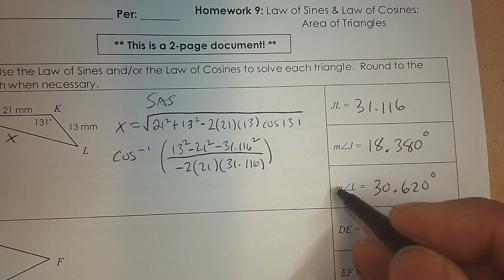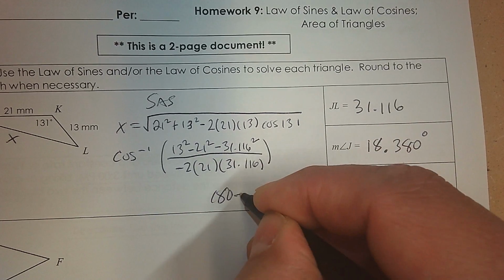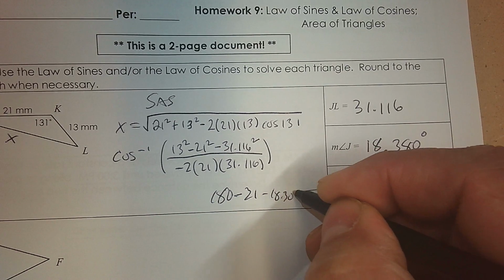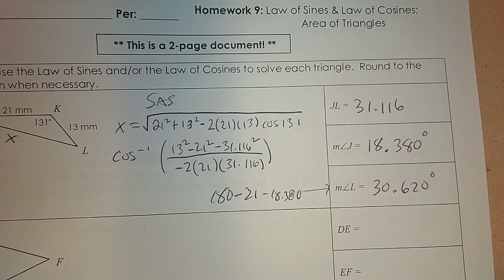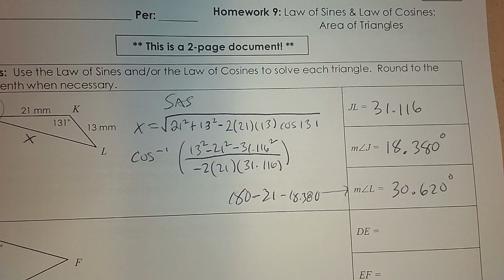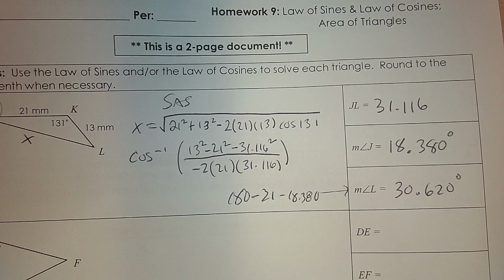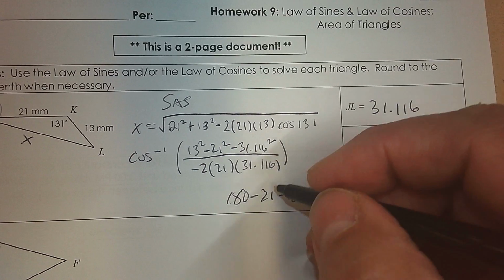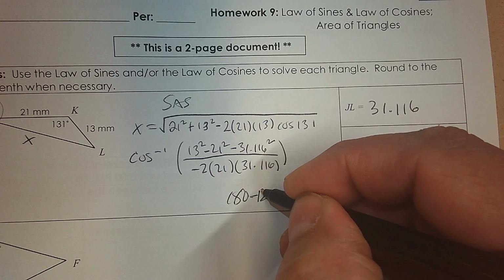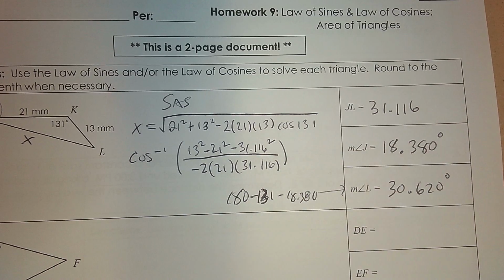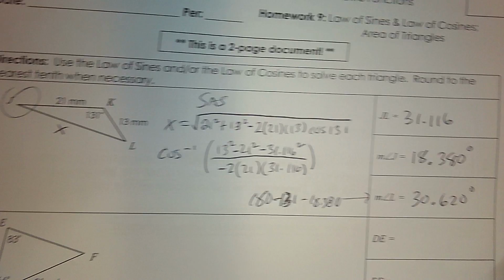So again, the last one, I just went 180, take away 131, take away 18.380. Did I say 21? I meant 180, take away 131, take away 18. All right, number 2.